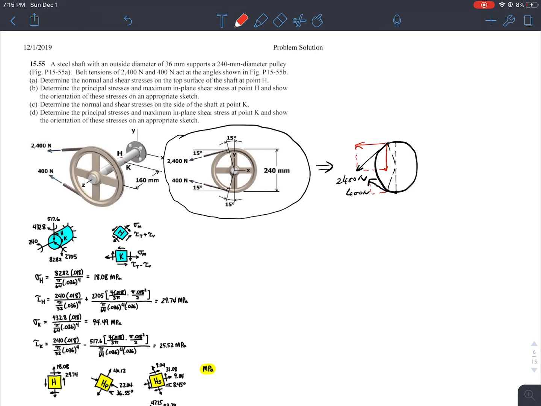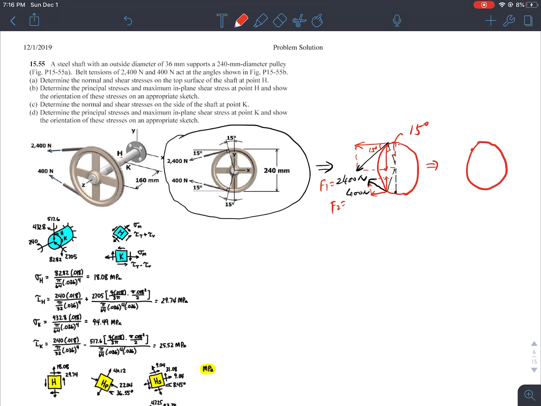I will decompose in terms of horizontal and vertical. So this drawing is inaccurate. Let me redraw it. If this is 15 degrees, and this is 15 degrees, let's call this F1 and let's call this F2.